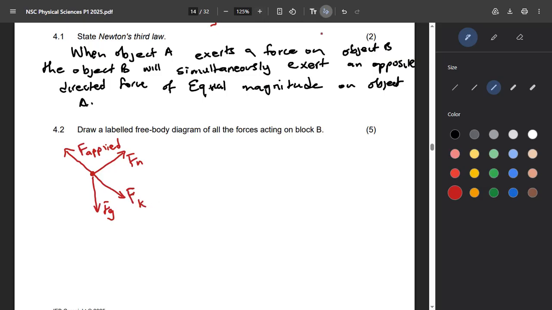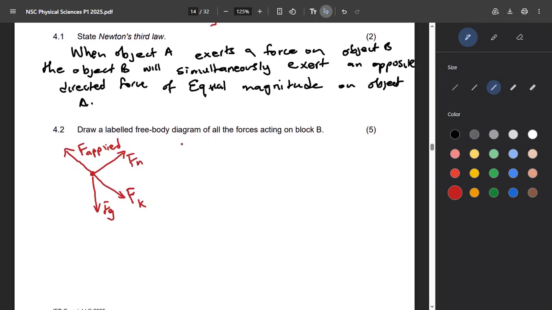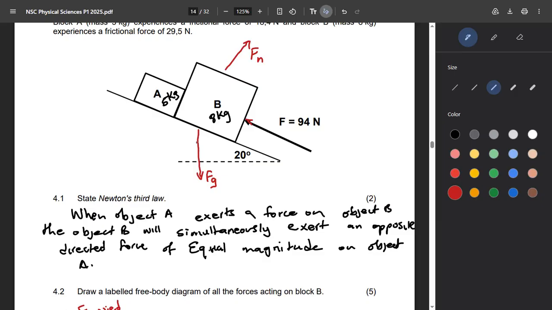So there's one force missing, without talking about the components like the Fg parallel and the Fg perpendicular. There's one other force that is missing. Do you know which force is that? Looking at these two blocks, there's a force that will go down.